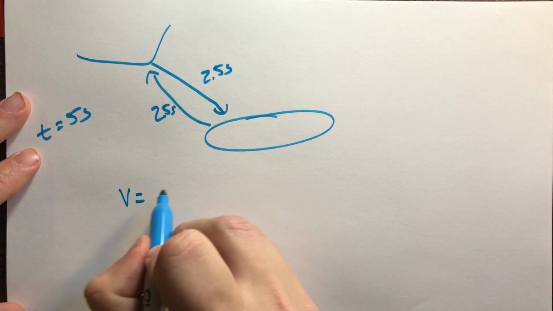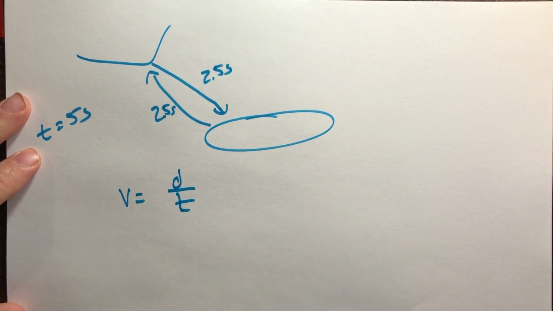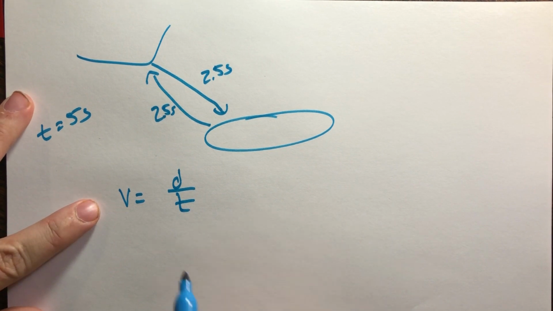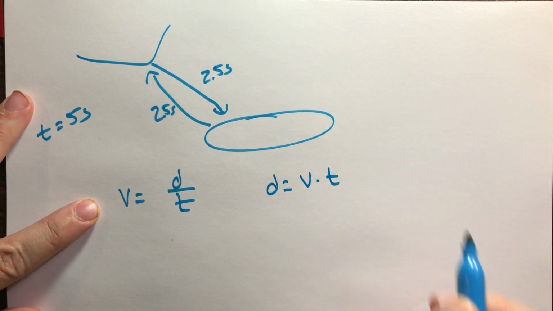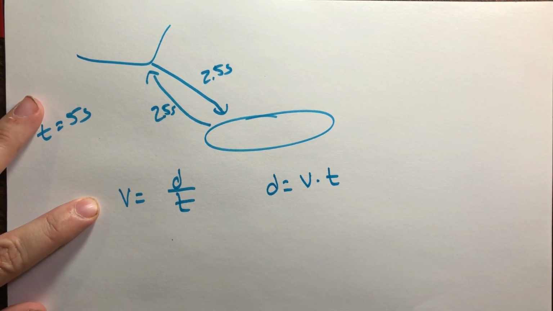So velocity equals distance over time. By the way, we are trying to figure out how far the submarine is. I don't remember if I just mentioned that. So if we're trying to find displacement or distance, that's just distance equals velocity times time. Well, we just figured out the velocity a little bit ago, and we know how long it took each direction.